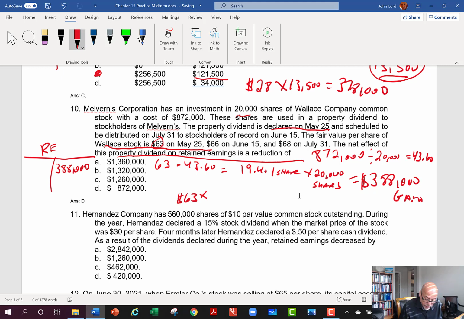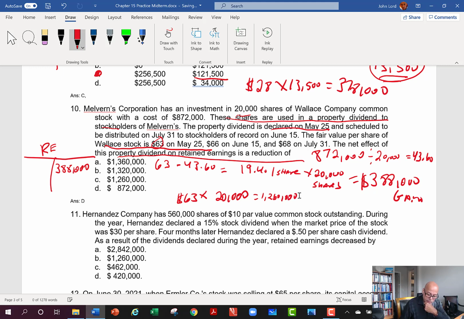These shares are used as a property dividend. Because they say these shares are used in a property dividend, they must be giving up all 20,000 shares. So $63 per share times 20,000 shares is going to be 1,260,000.